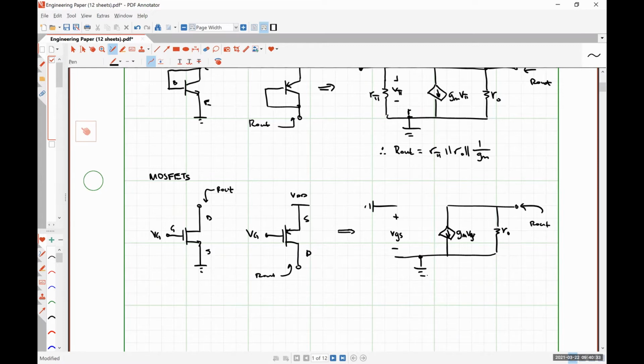Here is our source, gate, drain. So what do we see? Just R naught, absolutely right.